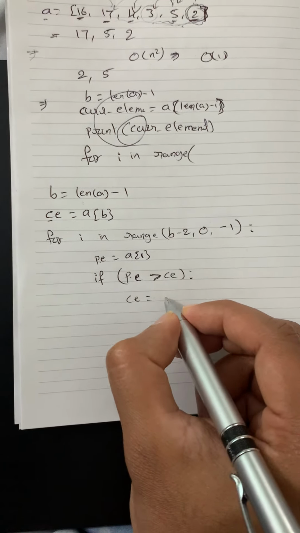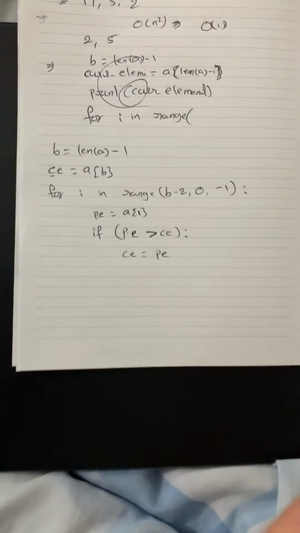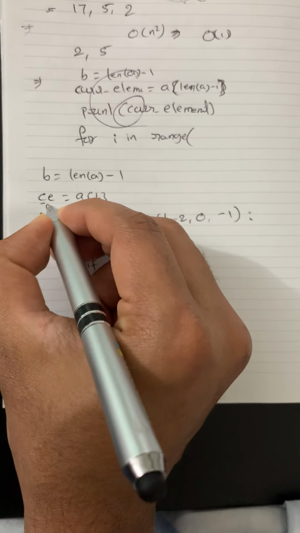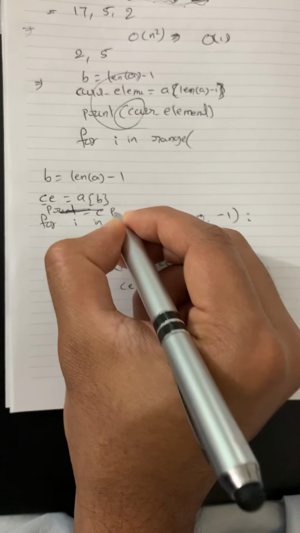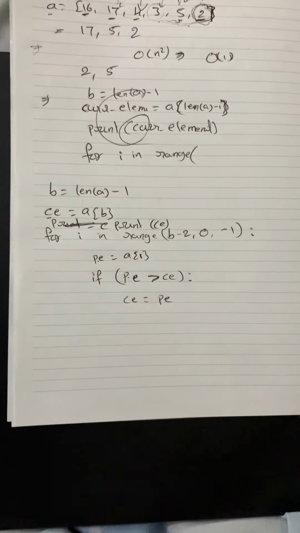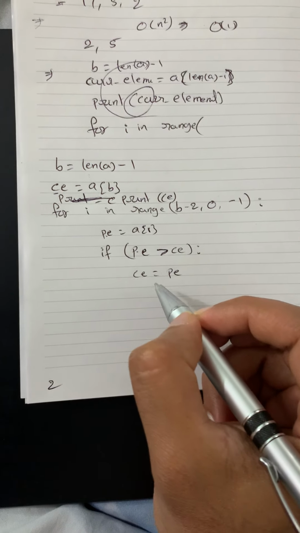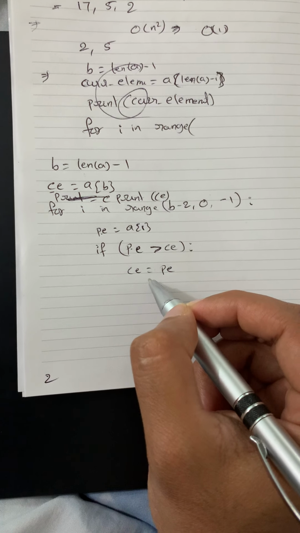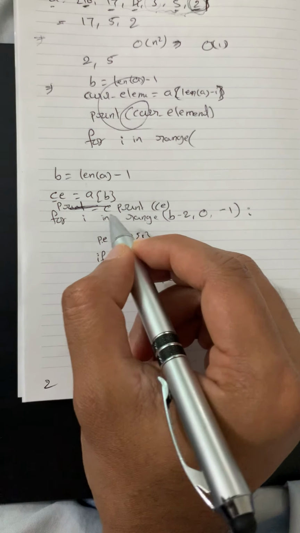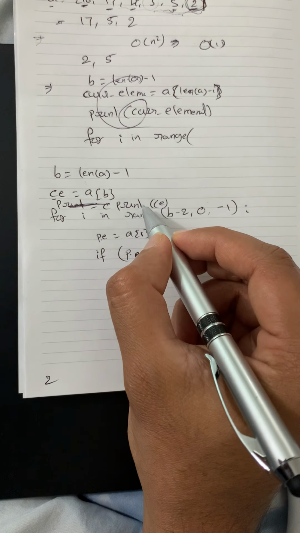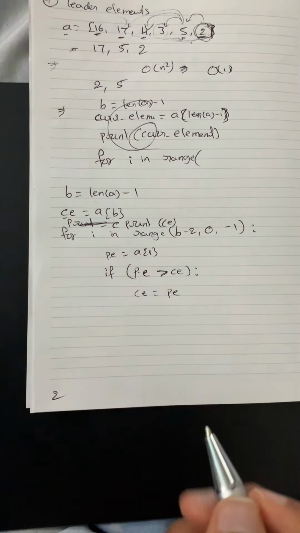Current element equal to previous element, and we print the current element. By default we will be printing number 2. So this is pretty much the solution.